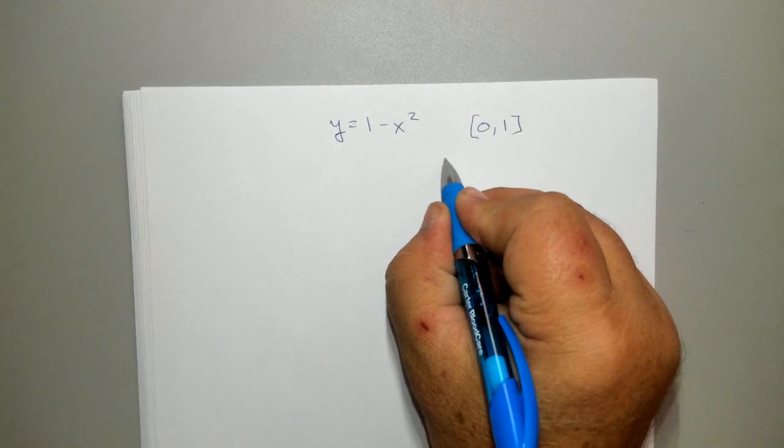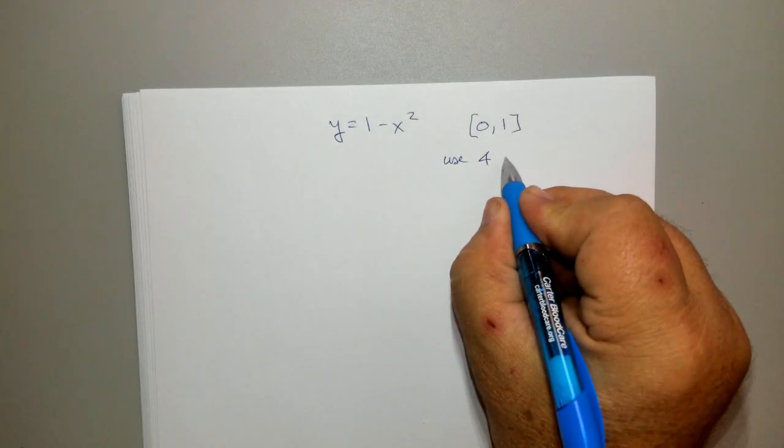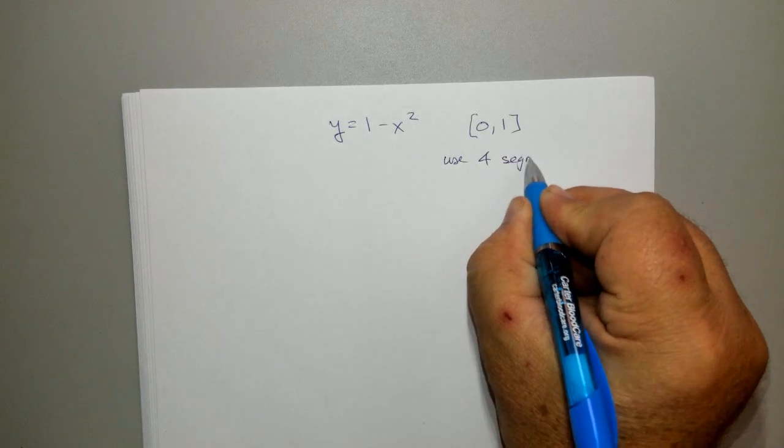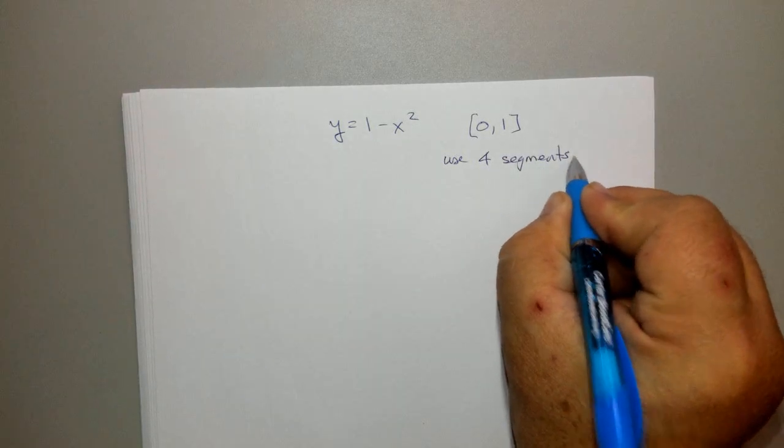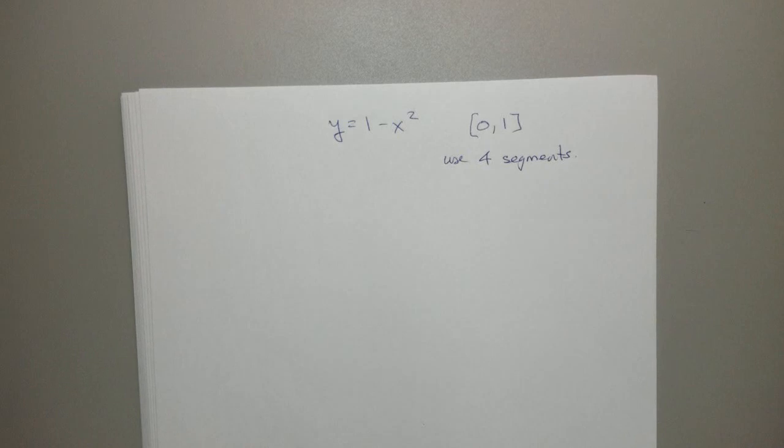I want you to use four segments. You're going to cut it up into 4 pieces and find the areas. At least write down the formula for it. Work out the numbers.